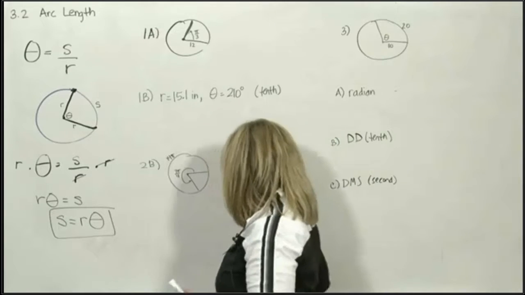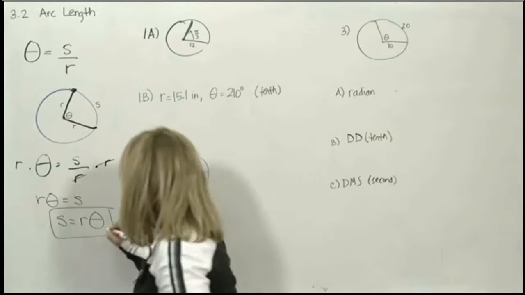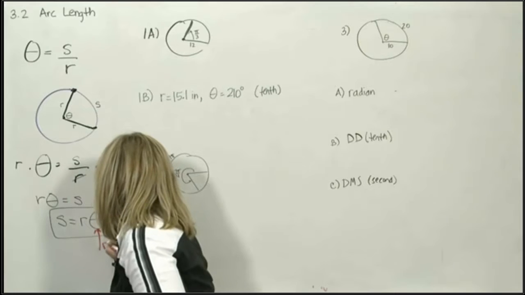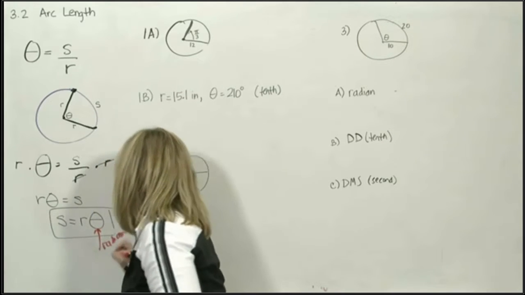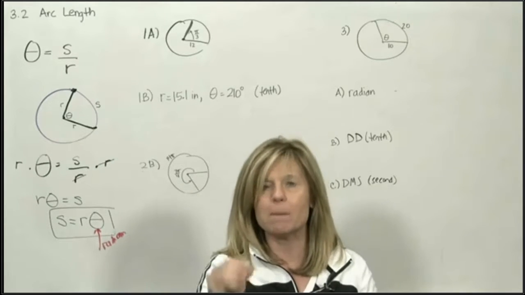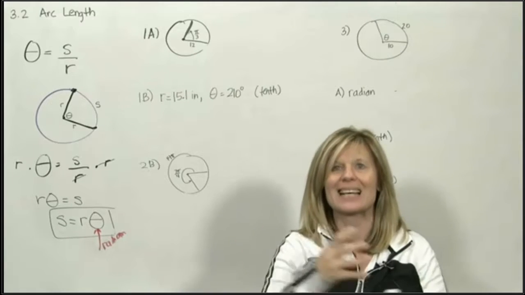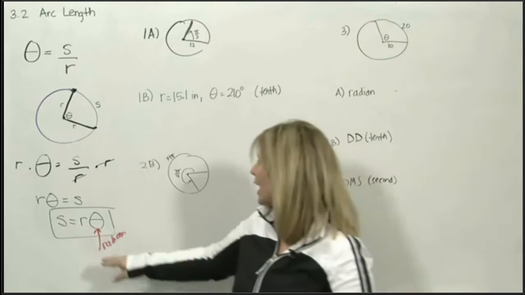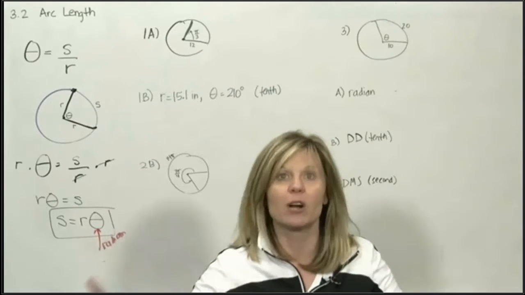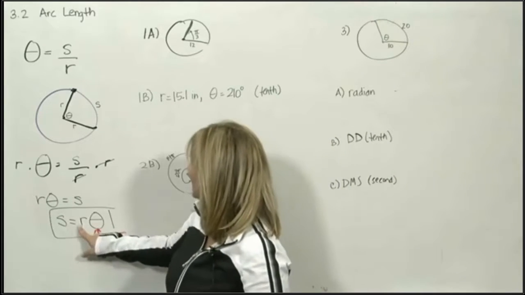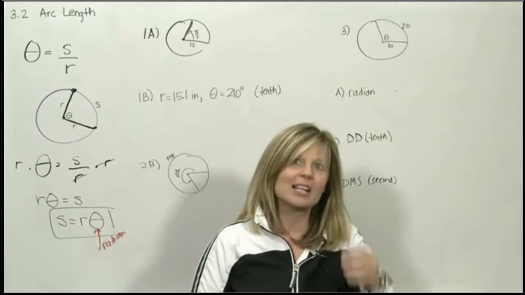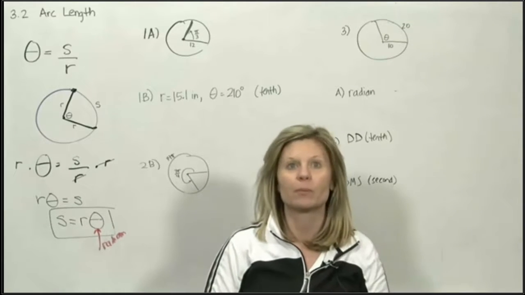Therefore, to work this formula to find the length of the arc, the catch is this angle has to be in radian measure, because radian measure is a number. That's an actual number on the number line. That's like a length. If the radius is 6 inches, 6 is on the number line. You can only multiply a length by a length. That's why we're going to need radian measure.